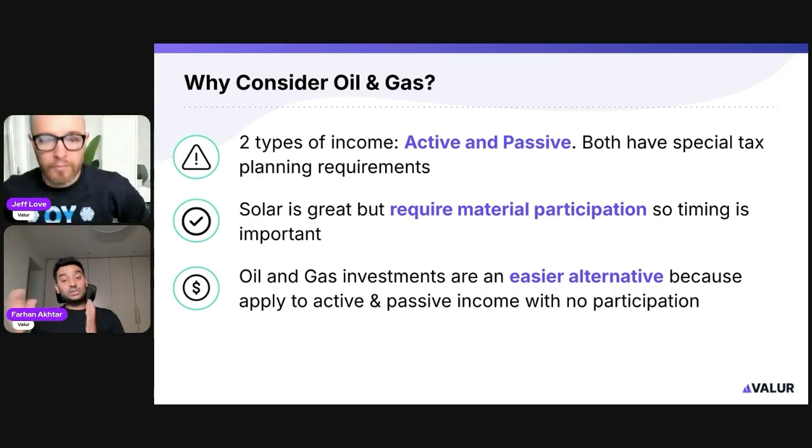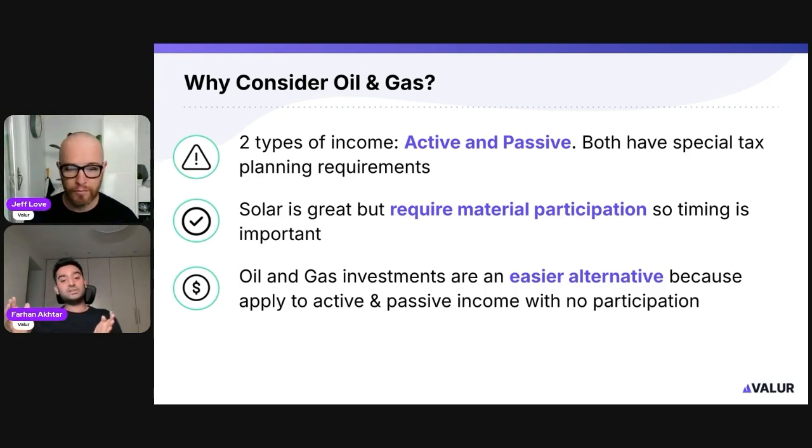Now, the distinction here with the value proposition of oil and gas is that it doesn't require you to spend any hours in it. You're able to take the depreciation deduction and use it against active income. We'll talk about the specifics of how that can be done. The value prop is that you are not putting any hours in and you're using the deduction against your ordinary income.